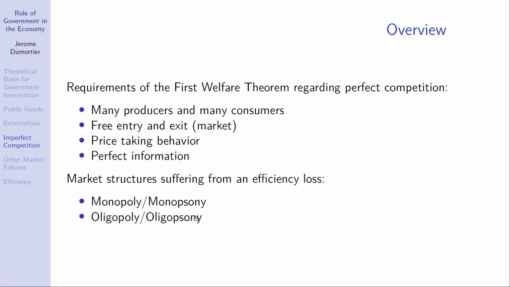Here you can think about, for example, a large grocery store in a rural area, and if it's the only grocery store and it is getting, say, local products, then you have a monopsony, because you have that grocery store that is alone in an area, and you have all the farmers supplying to that grocery store. And this imperfect competition also does result in efficiency loss.